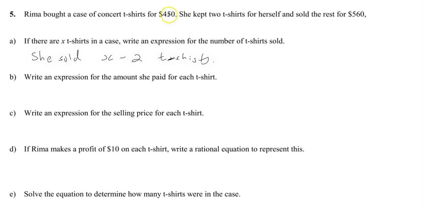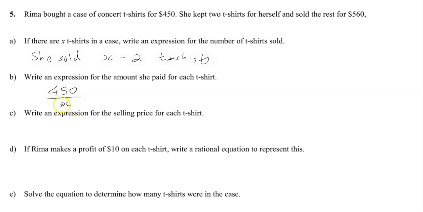So if she paid $45 for each t-shirt, then she would get 10 t-shirts, right? If she paid $10 for each t-shirt, she'd get 45. So the expression, the amount she paid for each t-shirt is 450 divided by x, right?